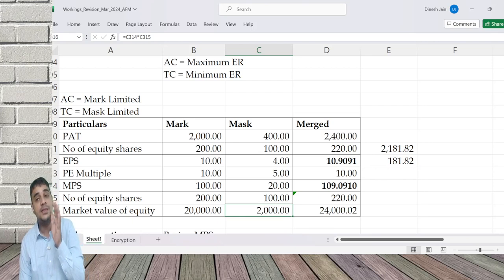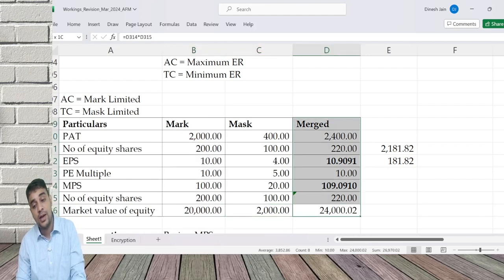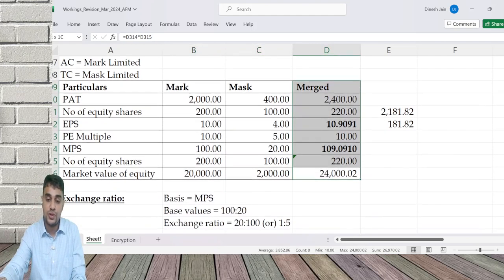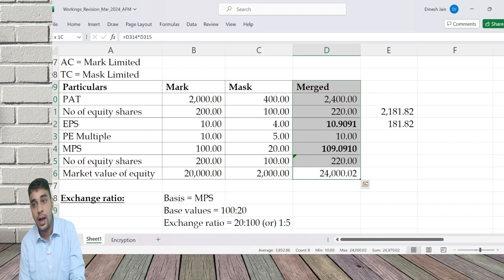Mark is saying today my value is 20,000, and because of the merger my value becomes 24,000. So in his mind, 20,000 is becoming 24,000, and he can pay an extra 4,000 to the other party. That extra 4,000 is called maximum consideration.